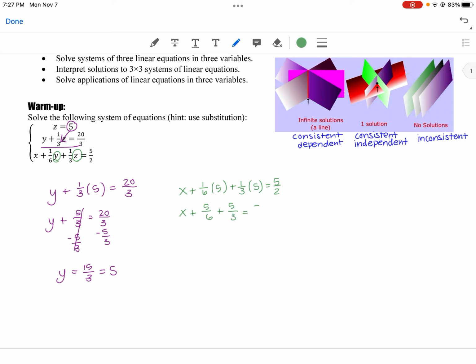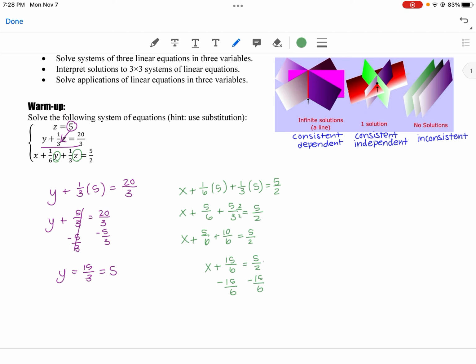So we have x plus 5/6 plus 5/3 equals 5/2. This is one of those things you can pull out your calculator for if you want, or do some mental math. To make a common denominator of 6, we're going to multiply by 2 over 2. So we get 5/6 plus 10/6, so we get x plus 15/6 equals 5/2. We're going to subtract 15/6 from both sides.